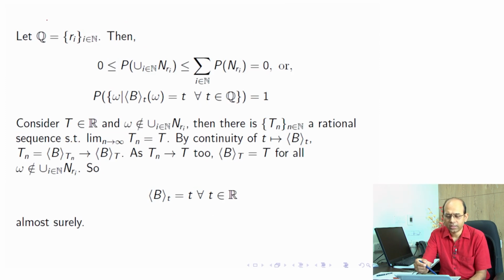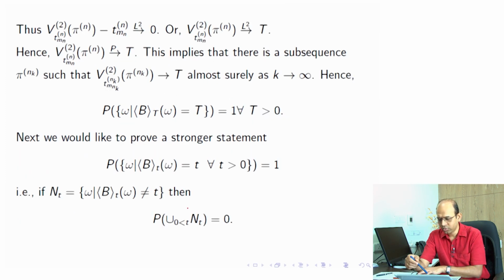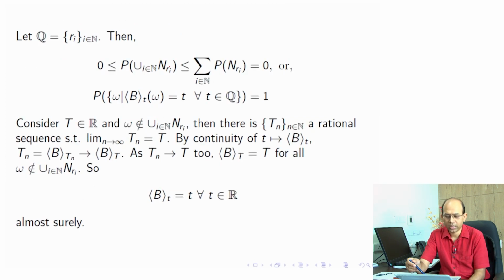So, consider the set of rational numbers, which we denote by Q. Since Q is countable, we can write down Q as a sequence of rational numbers, R_i, i belongs to N. Then instead of the union over all T, we consider only those N_{R_i}, only at the rational time points, and then take the union.